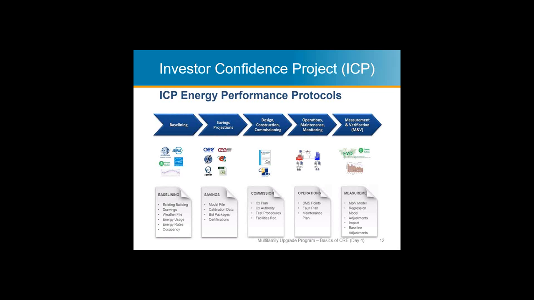And that's where the building engineer really takes over and successfully takes the plan that was given to them by the commissioning authority and implements it on the property over time. And last but not least, measurement and verification.